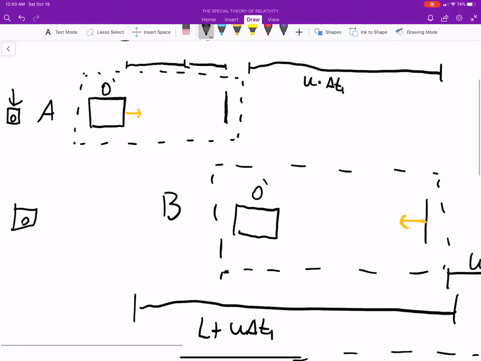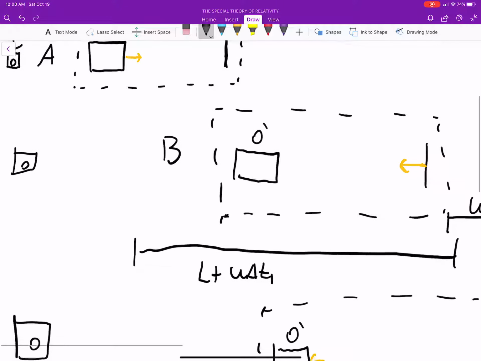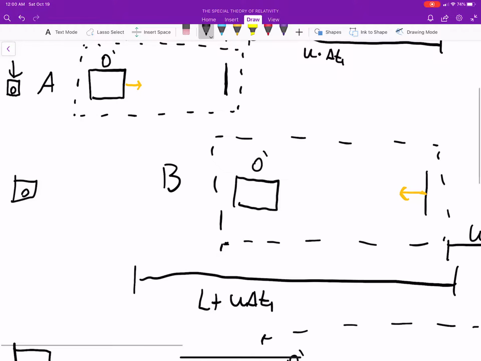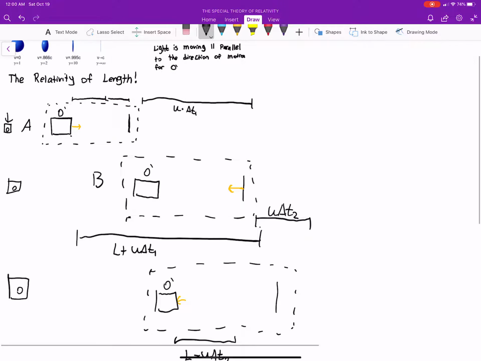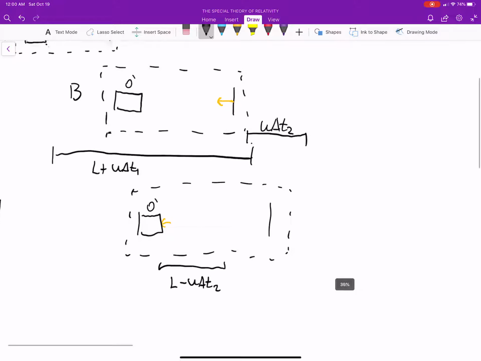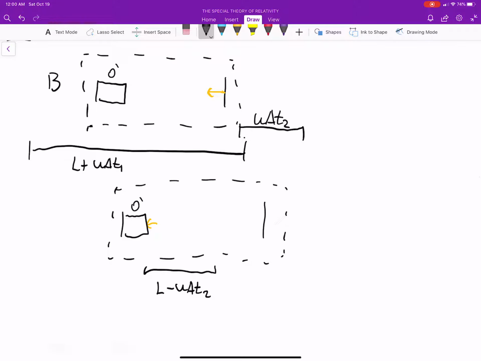Now, real quick, the distance that the light appears to have traveled is L plus u times delta t1, because it went from here to here. Then over here, we drew the final stage, which is the light returning.